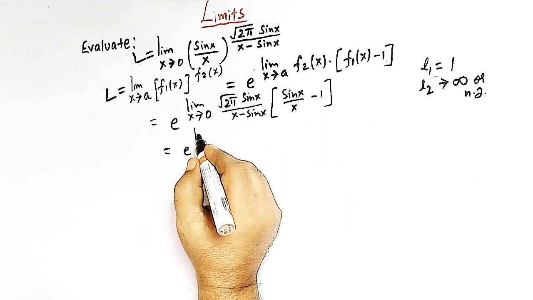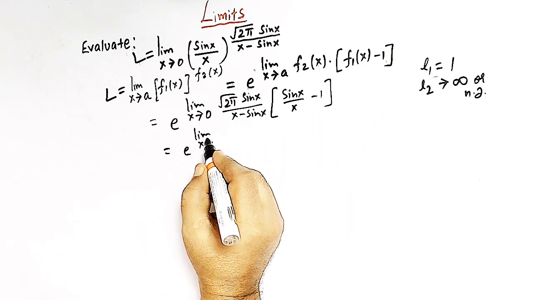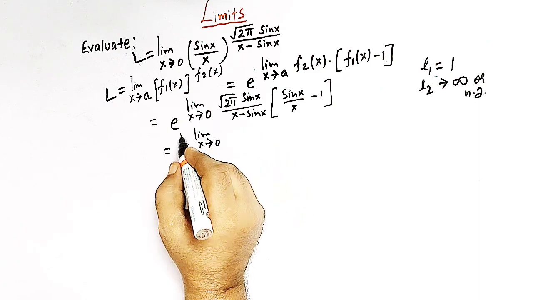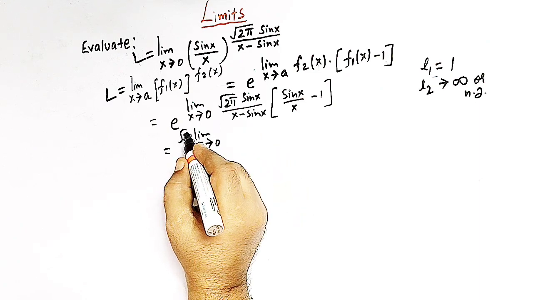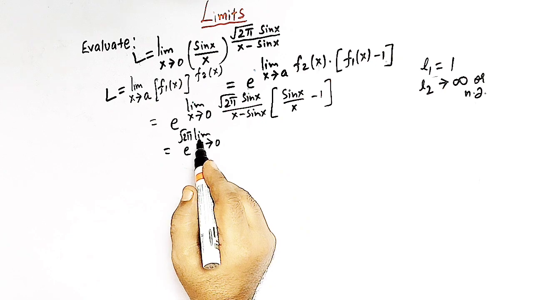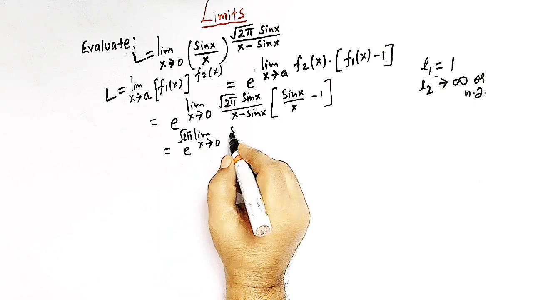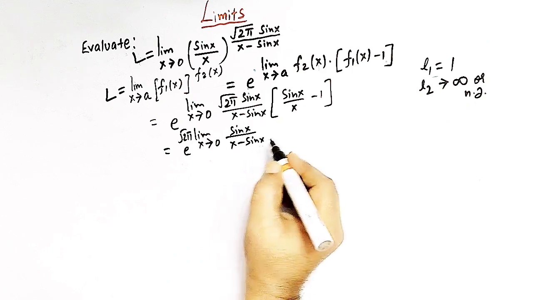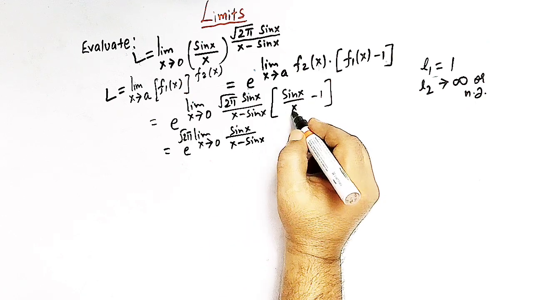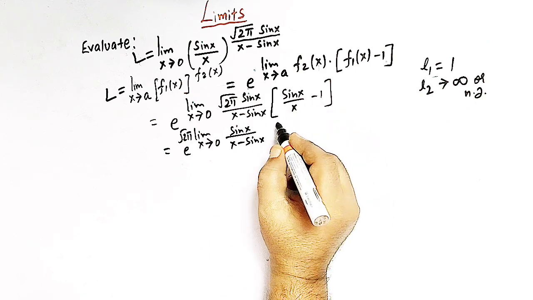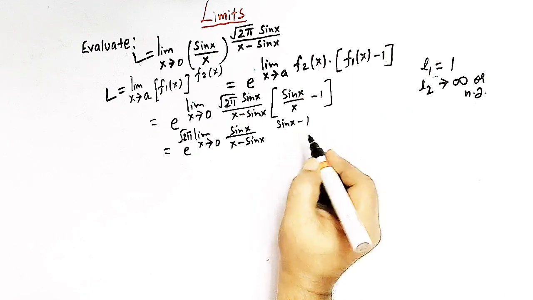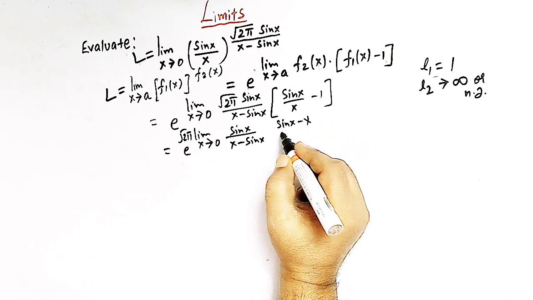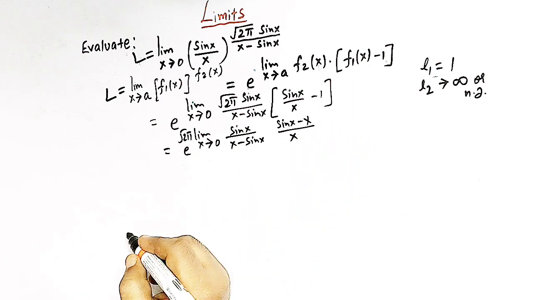So we can now write limit x tends to 0. Here square root of 2 pi can be taken in front of the limit notation, and here we have sine x over x minus sine x, and here if we solve this expression, we'll get sine x minus x divided by x, right?